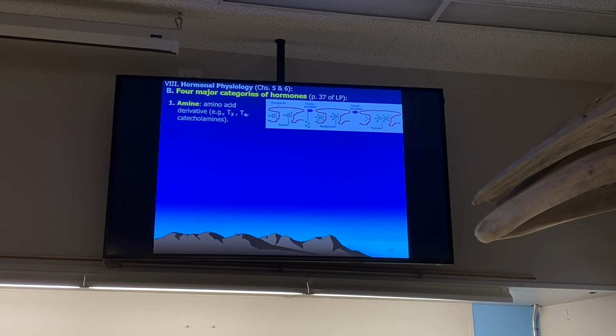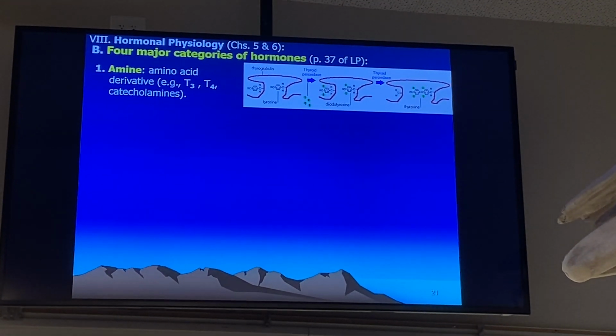Oh, there's 4. 4 iodines is T4. T4, I believe, is the transported form in the blood, but it does nothing for the cells that get it. Once it gets into the cells, it knocks off one of the iodines. Now it's T3, and T3 is actually the active form in the cell. T4 is the transported form, T3 is the active form, and you just count the iodines. The 3 on it, T3. Everybody got it?